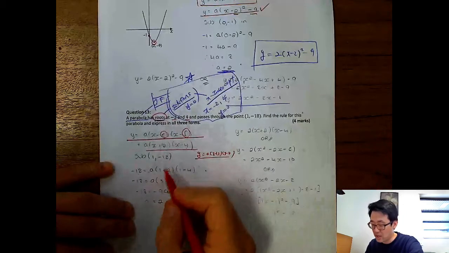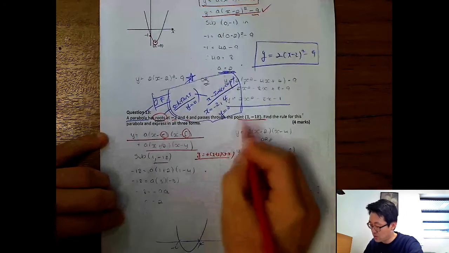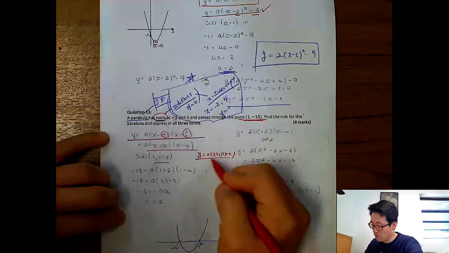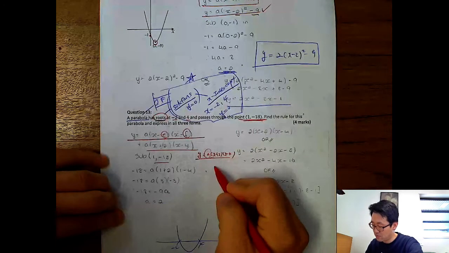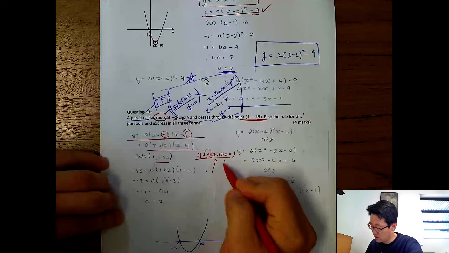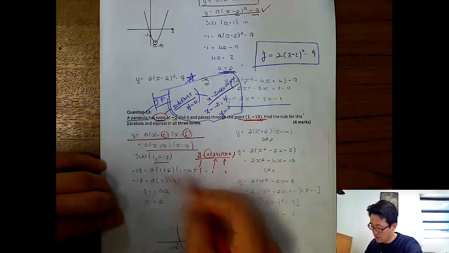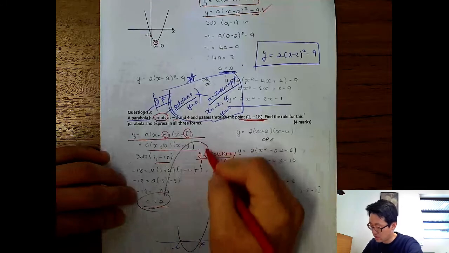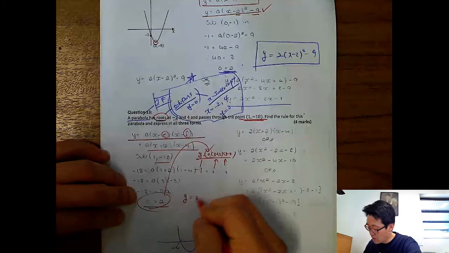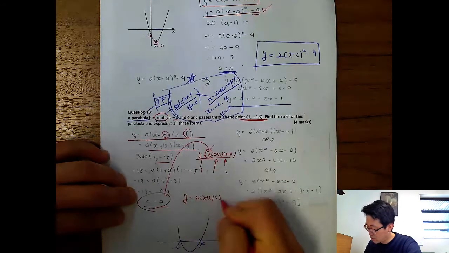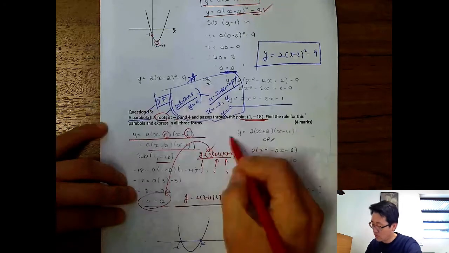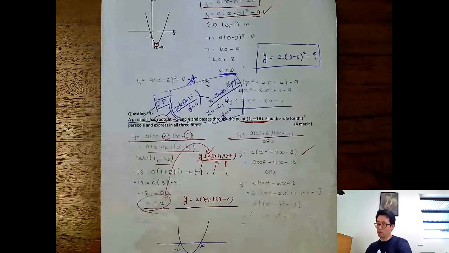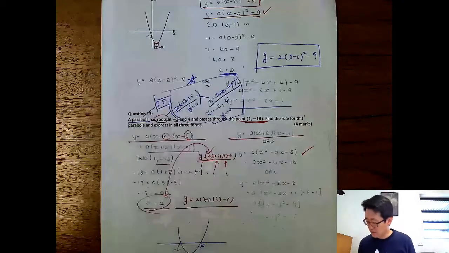And then same pattern. We know 1 point because we need 1 point to get a. Plugged in, x is 1, y is minus 18, A is 2 as well. In this case, A is 2, so y equals 2, x plus 2, x minus 4. Okay, or we can expand that.